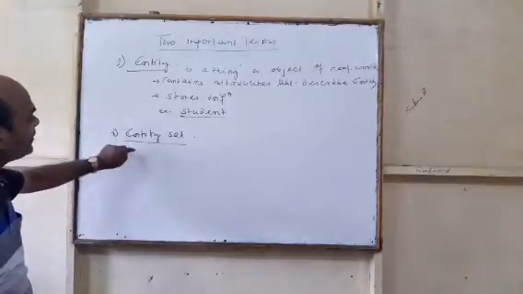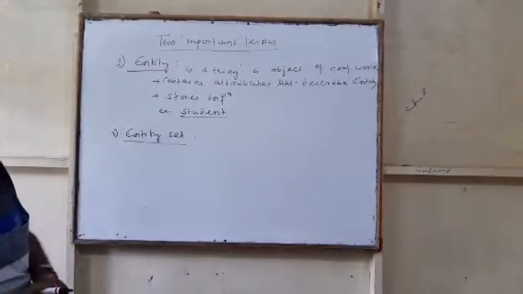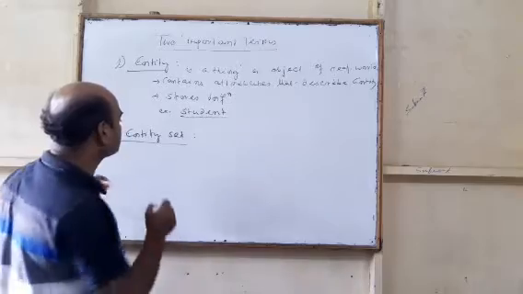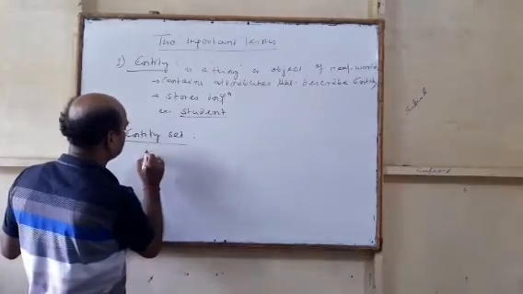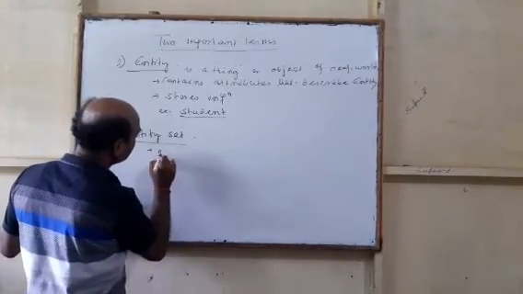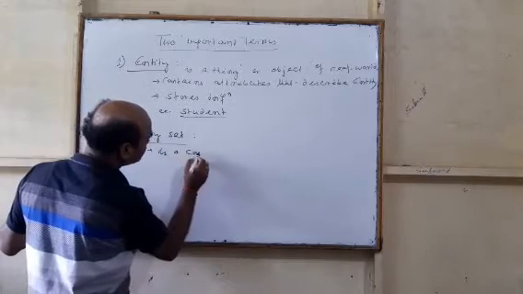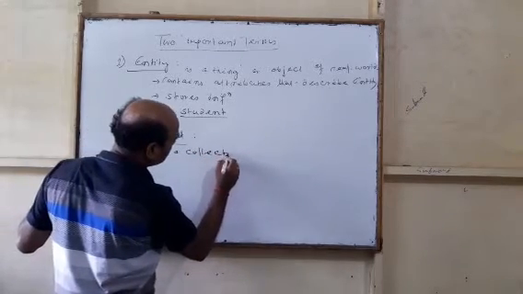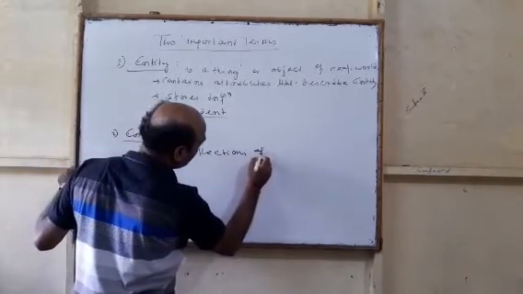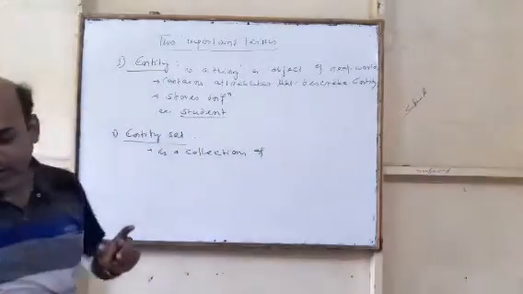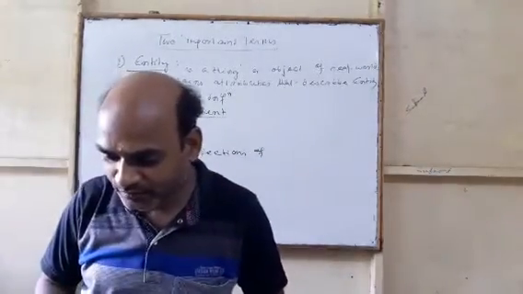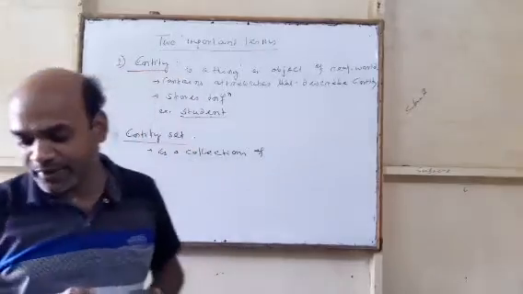What about the entity set? An entity set is a collection of similar records or entities, similar types of entities.